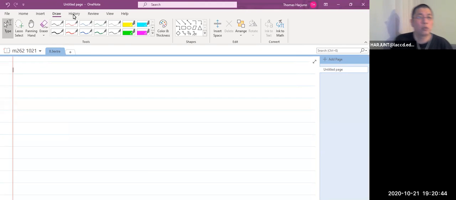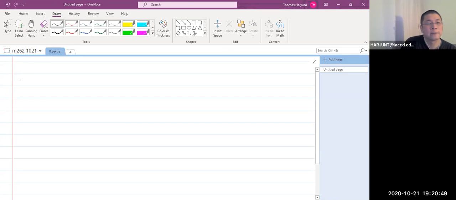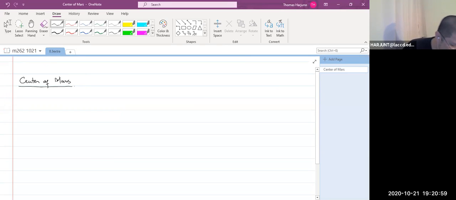I will start with more problems from the center of mass. Now, suppose, for example, we have number 34. Should I do number 34?